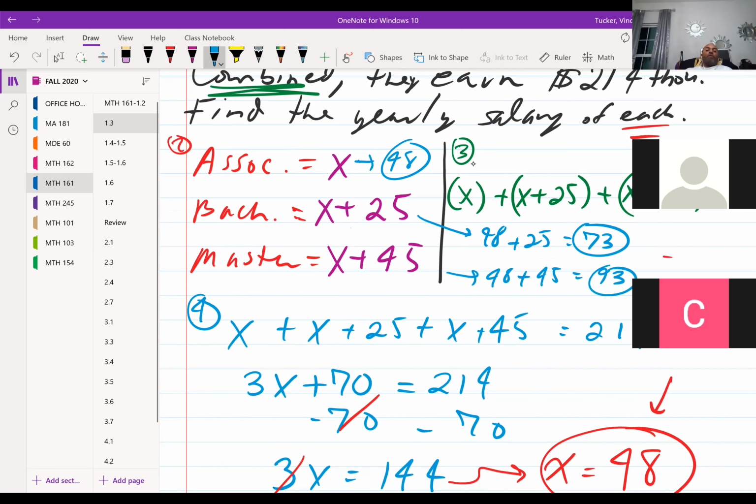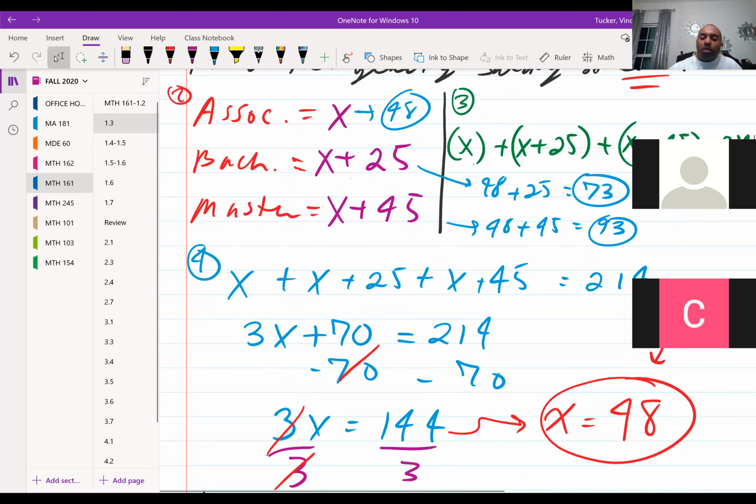And remember, all 3 of them should add up to give you now 214. And so you can always add them up and make sure that works out for you as well. All right, any questions before we look at least one more?